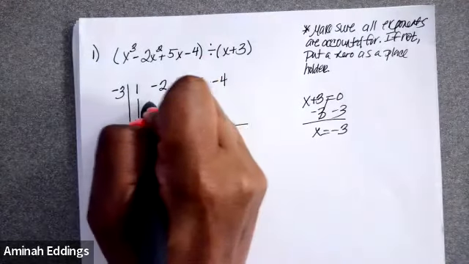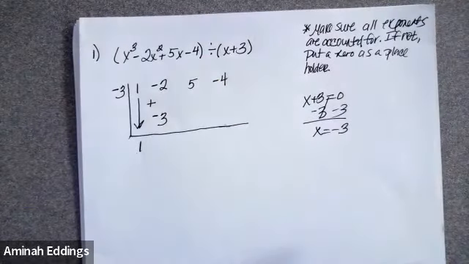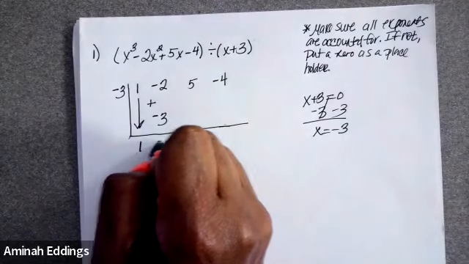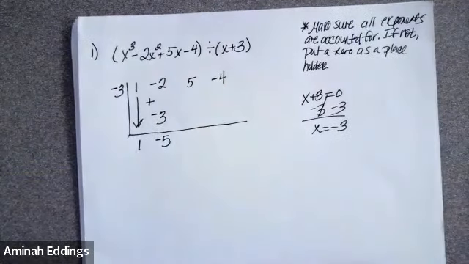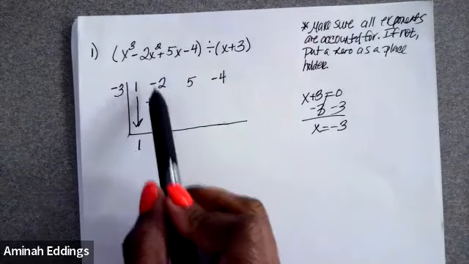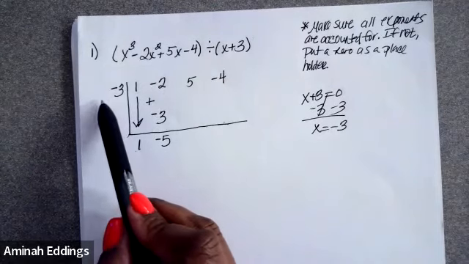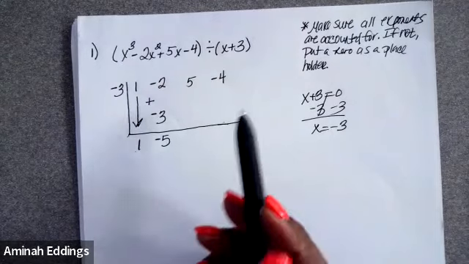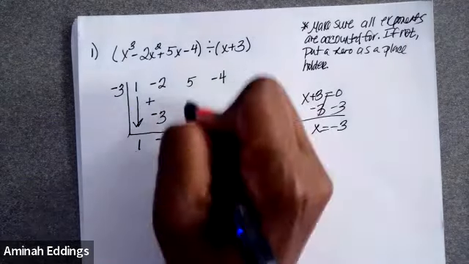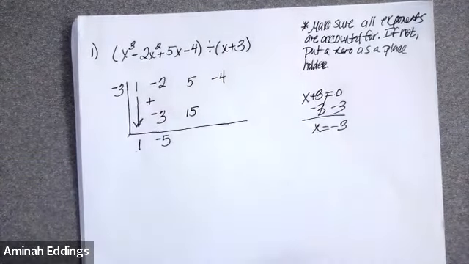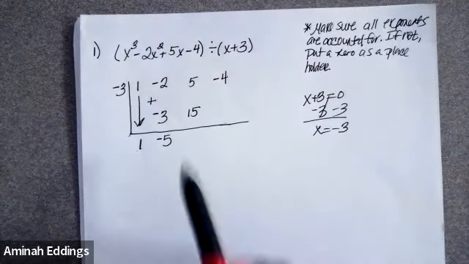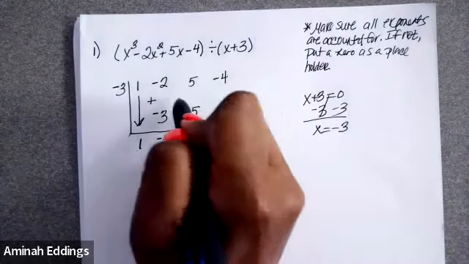So -2 plus -3 is -5. Again, when we combine this, it's outside the box. So then we multiply again. So -3 times -5 is +15. Inside, so that means we combine these together.